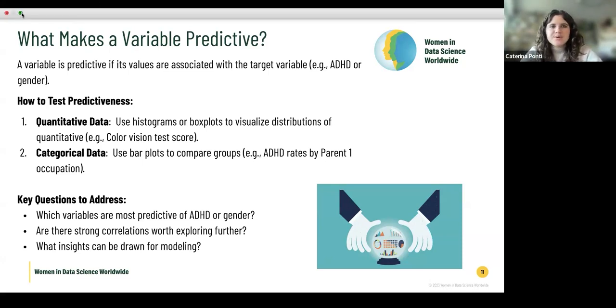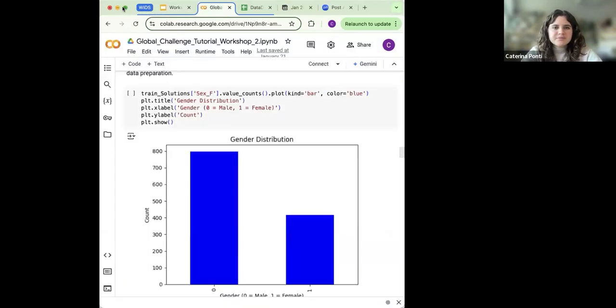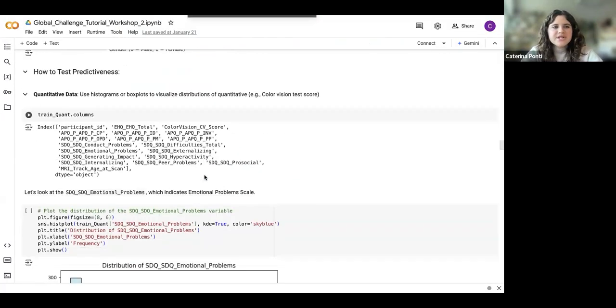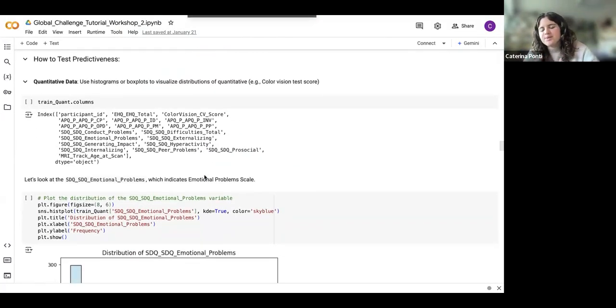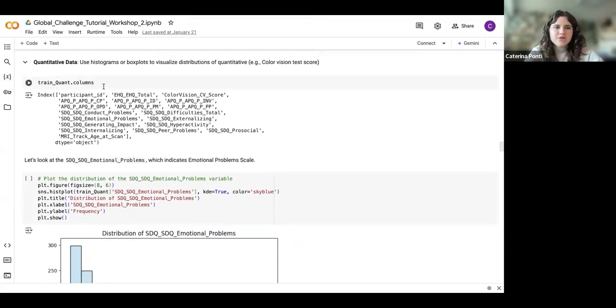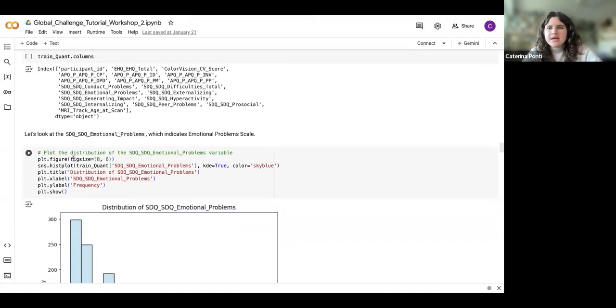Okay, so now we're going to switch over to the notebook again, just to put into practice what we just talked about. For quantitative data here, I just printed the columns and chose a column. I was really interested in the emotional problem scores, so I went on to explore that.